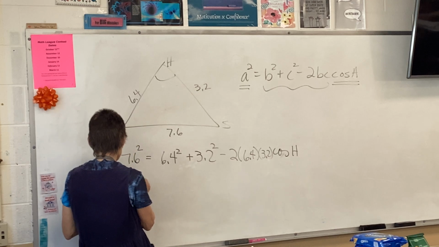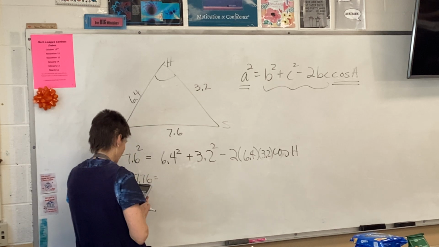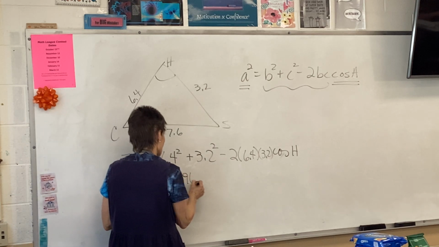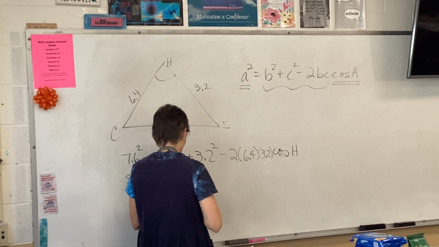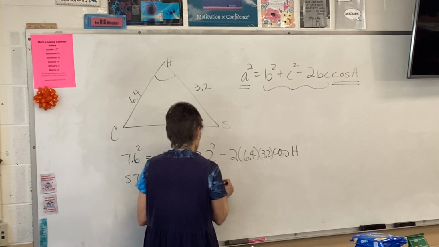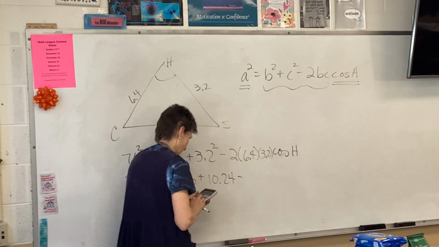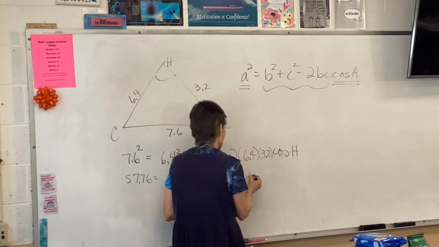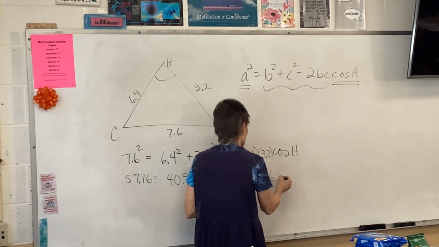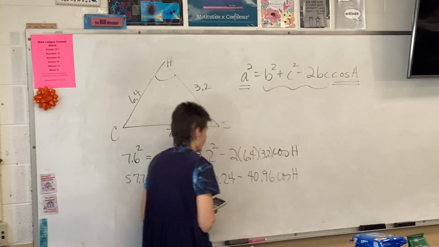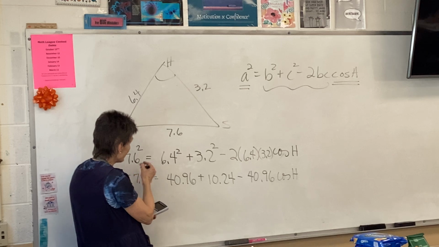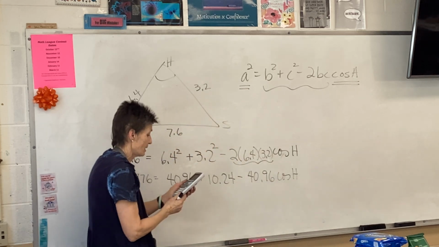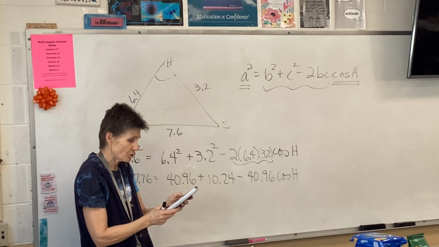So I have 57.76, 40.96, 10.24, and 40.96 cosine H. So I squared, and I squared, and I squared, and I times all that together. Does that make sense to you so far?